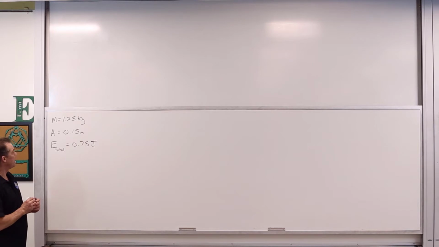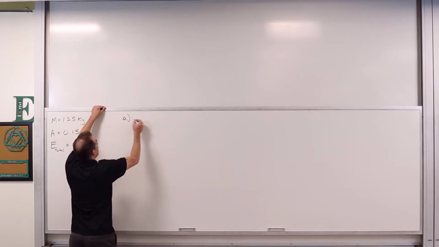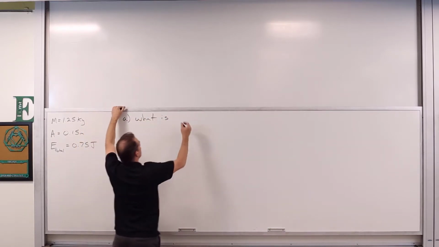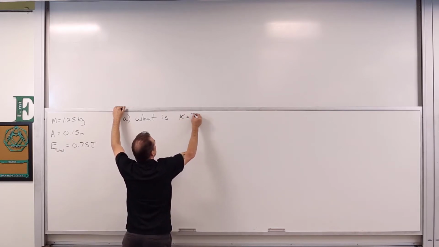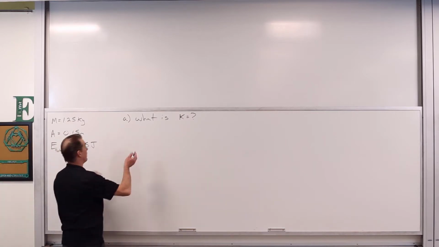The first question is, hey, what's the spring constant of the system? What is K equal to? So how are we going to get K? Can't use the mass. Can't use just the amplitude. Maybe the energy can tell us something. And oh my gosh, it can.